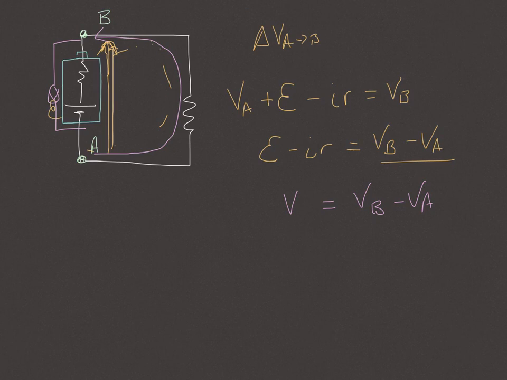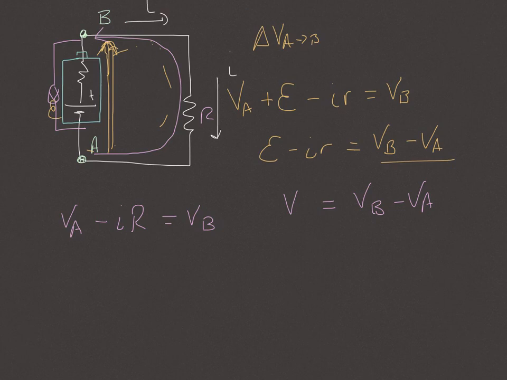So we would do the same thing. We would have the voltage at A minus the drop through this resistor, and that's going to equal the voltage at B. Oops, made a mistake here. So the current in this circuit is going from the positive to the negative. So the current is actually moving this way through the circuit.